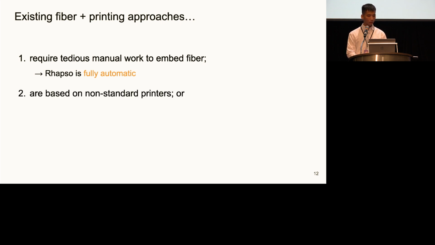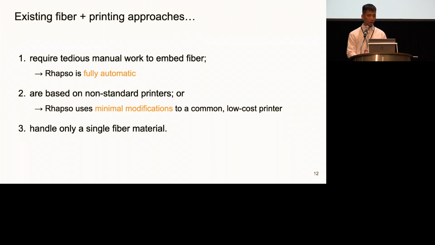And secondly, they are based on non-standard printers. Rhapso uses minimal modification to a common low-cost 3D printer, and we open source it to make it easily accessible. And finally, they handle only a single type of fiber material. However, we can use multiple types of materials.